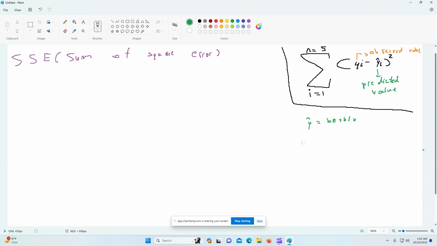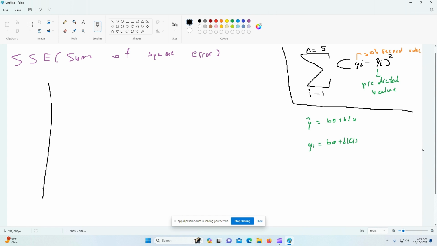So say y1 is equal to b0 plus b1 times 1. So we are estimating the first value. This is y equals mx plus b. You should know what I'm doing. So we're pretty much estimating the first value in our data set.